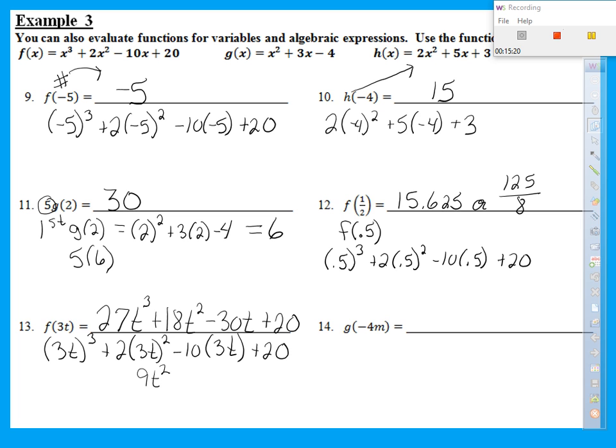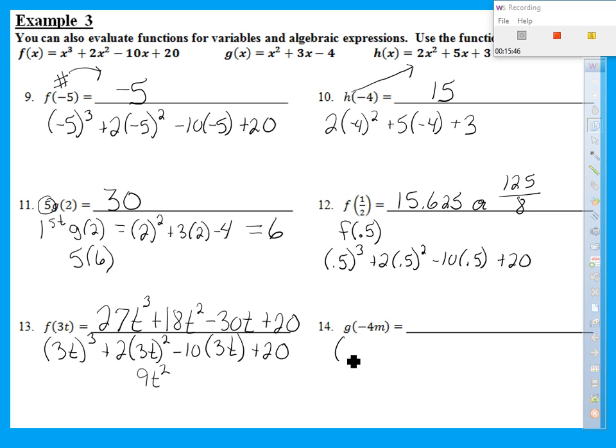So there we go. Same thing on number 14. Go hunt down the function that starts with the g. Then wherever you see the x, throw it away and plug in negative 4m. So it's going to look like this. I spy x squared plus 3x minus 4.